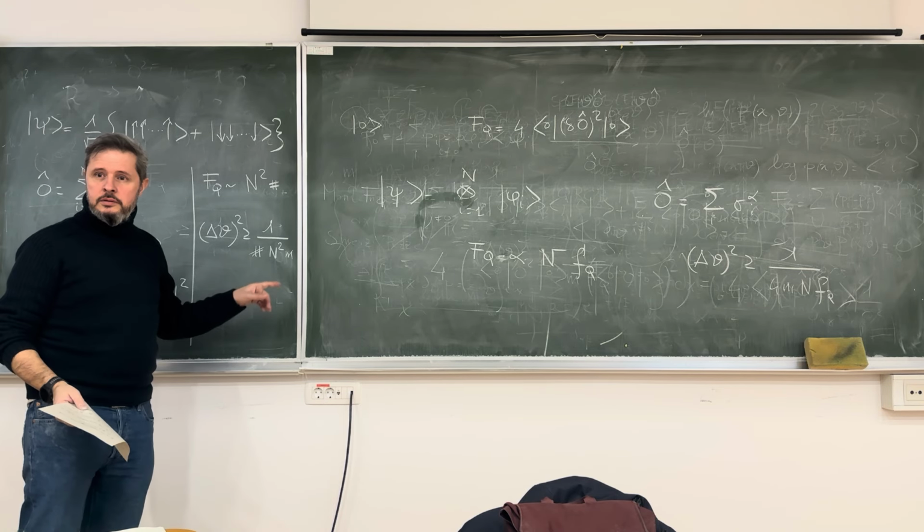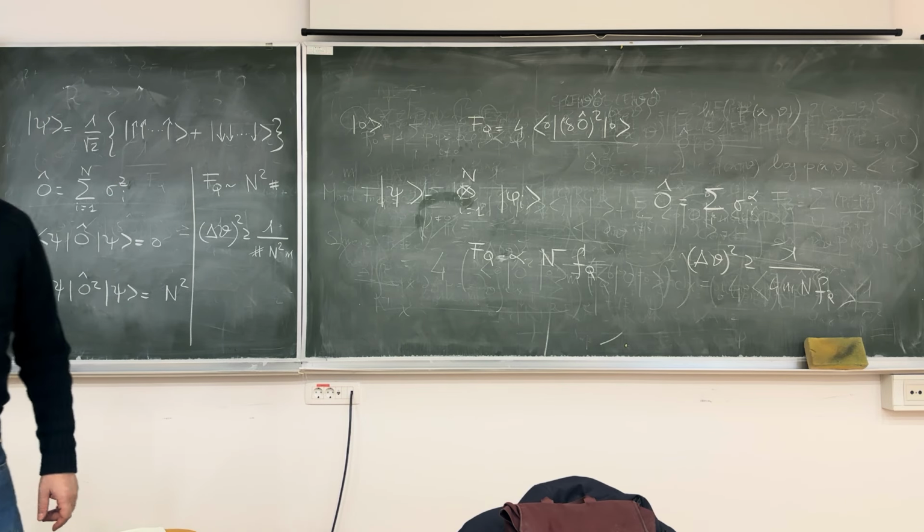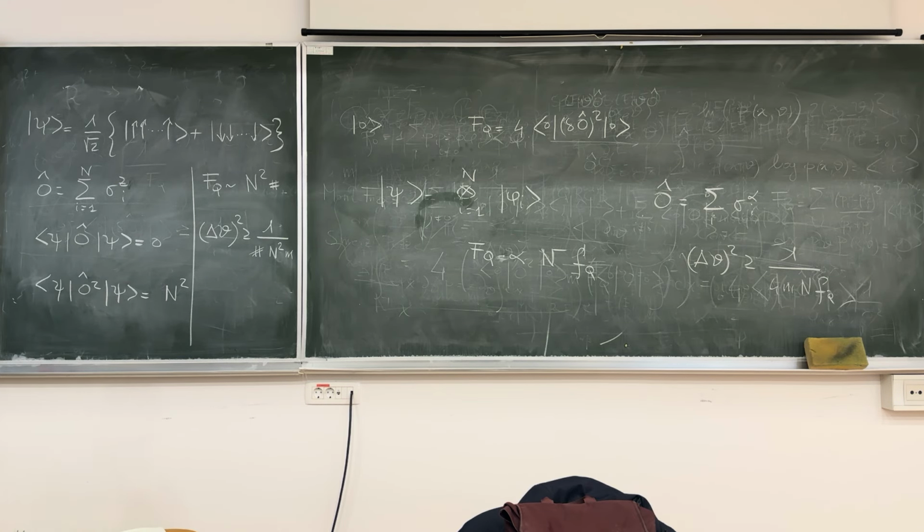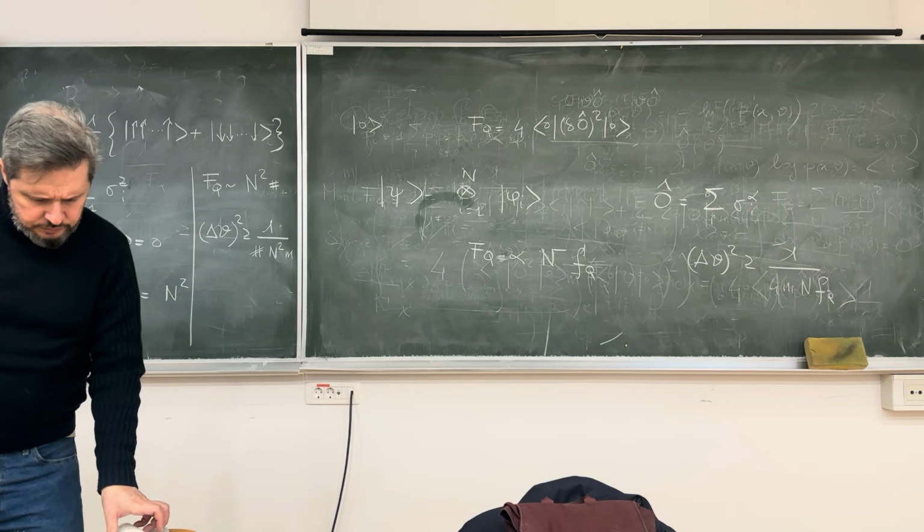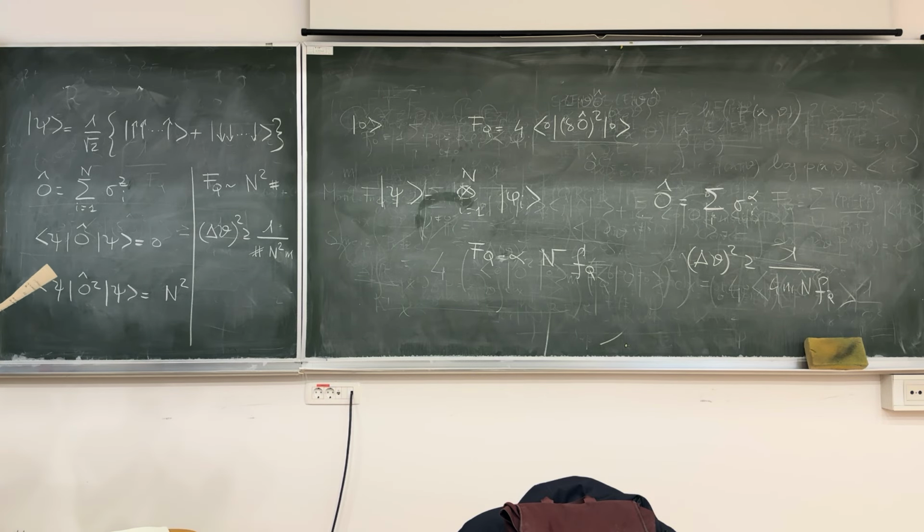Sorry, could you explain again why O squared gives n squared? Because it looks like the square of each sigma z is 1, and the cross product of two sigma z's should average to 0, right? So it should be n, no? Or am I wrong? Just a second.